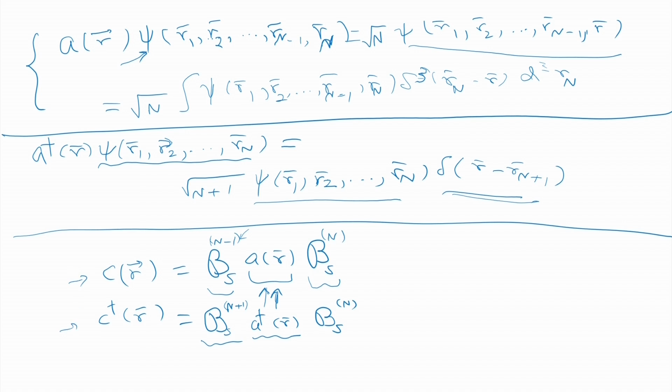So here it had one less particle upon annihilation, and upon creation it has one more particle. Other than that, it is pretty much the same. So in the next class I am going to establish that C and C dagger and other types of C's obey certain commutation or anti-commutation rules depending upon whether they are bosons or fermions.